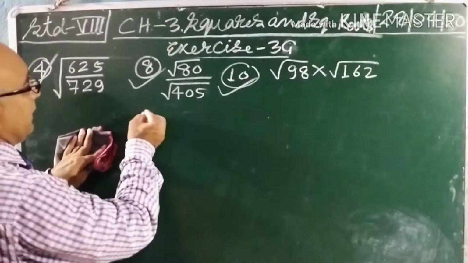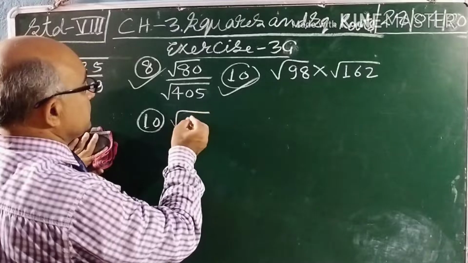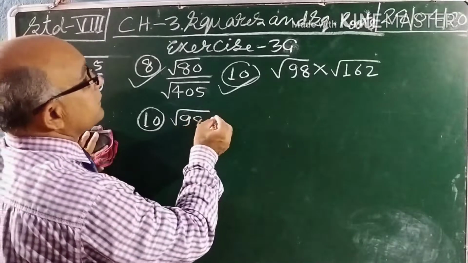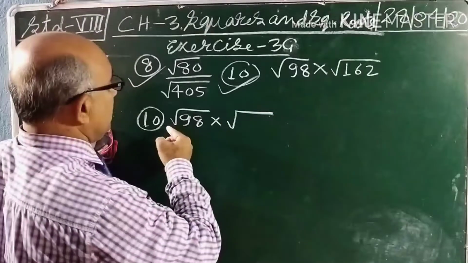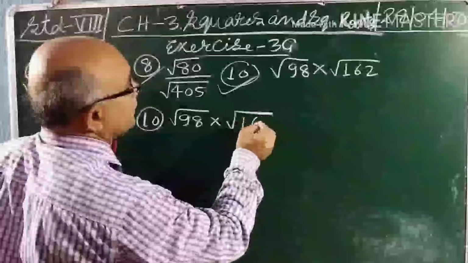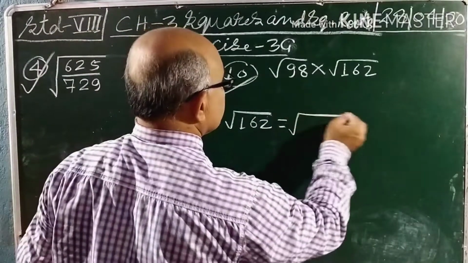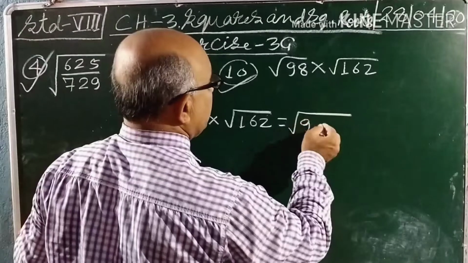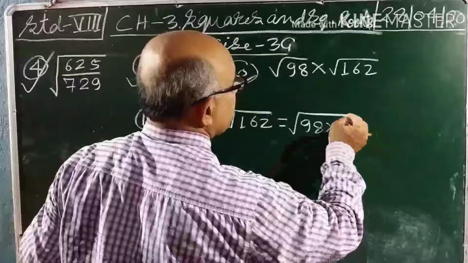And the last question is question number 10. Root 98 into under root 162 equals under root 98 into 162.